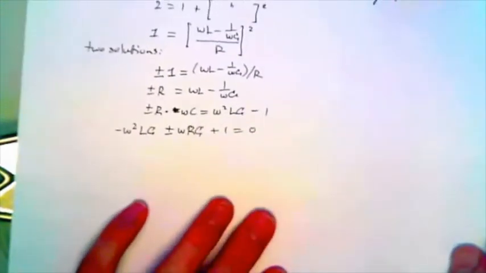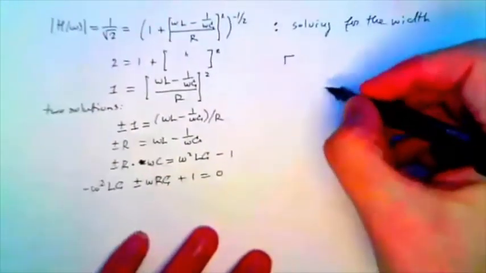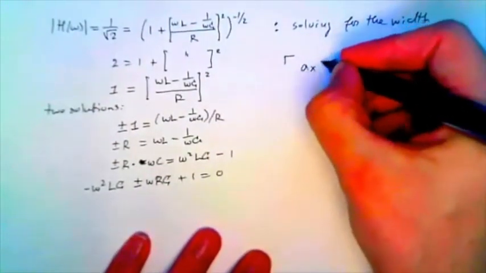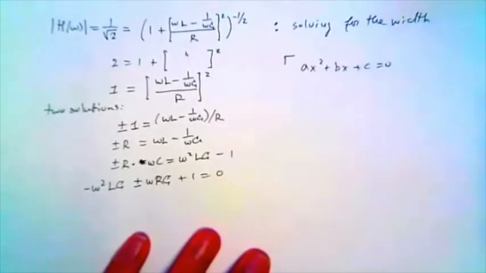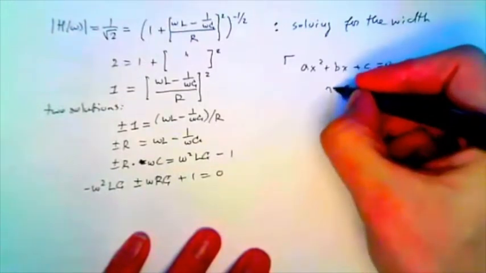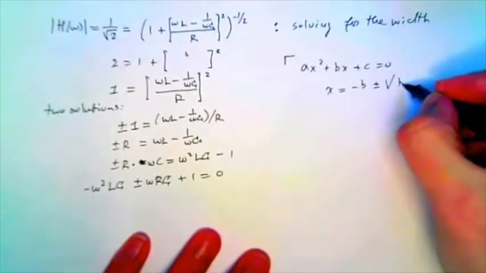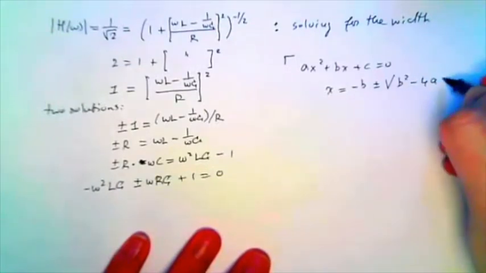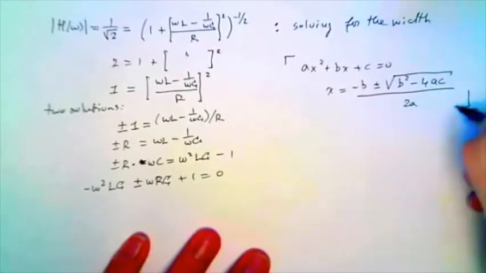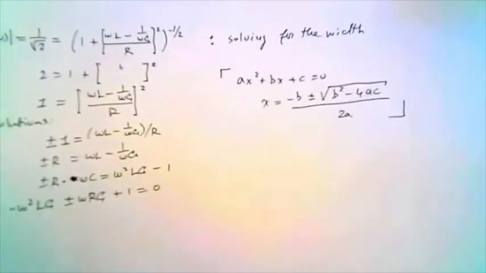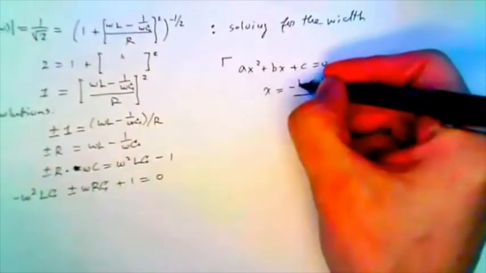So if you remember, let me put it on the side here. If you have a polynomial, ax squared plus bx plus c equals 0, then there are two solutions, minus b plus or minus the square root of b squared minus 4ac, over 2a. This is one of the few that I have memorized, because I use it all the time.